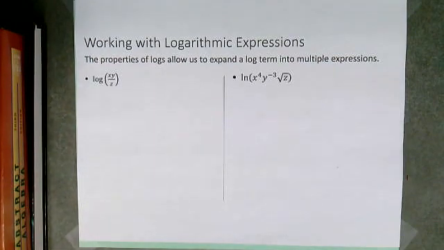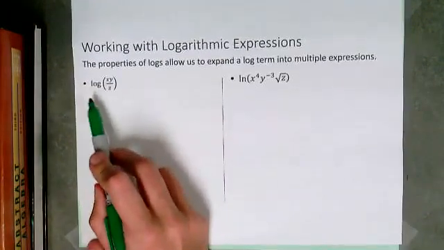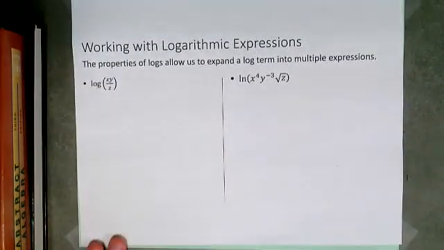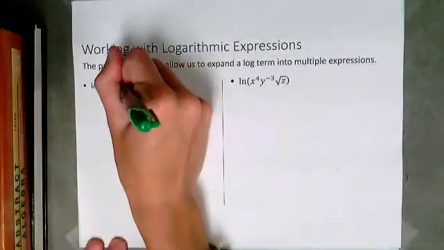Properties of logs will let us expand things or contract things. So in this case, let us expand these expressions into more log terms. So start with this one. Log of xy over z, x times y over z, doesn't matter how you approach this first, I'm going to do it this way.